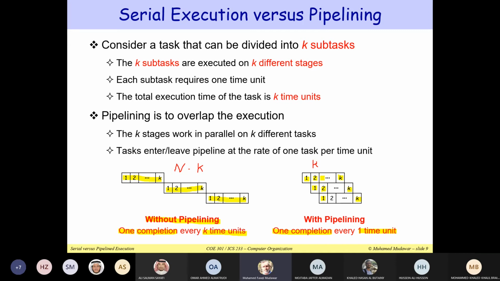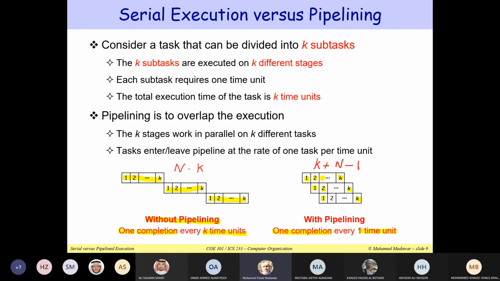So again, let me try to write it in a better way. In the case of pipelining, it takes k cycles to complete the first task clearly, right? So it's k plus, if we have n of these, plus n minus 1.